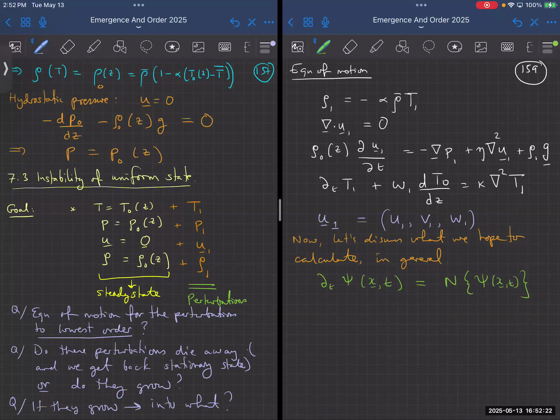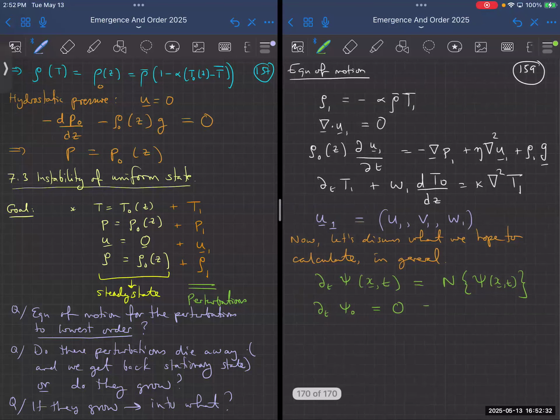N is some nonlinear operator. We have a steady state, psi naught, with d psi naught by dt equal to 0, and so that means that the nonlinear operator of psi naught of x and t equals 0. So that's the equation that determines our steady states.